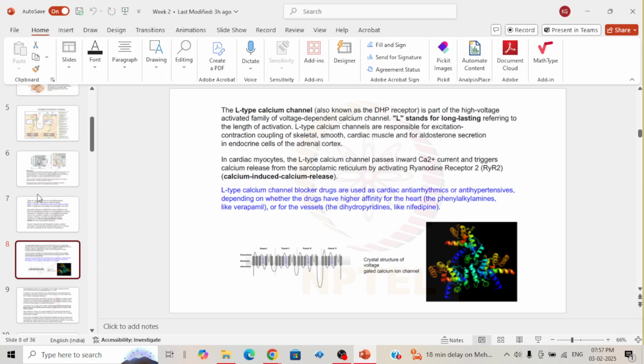That is why we need a calcium ion rush from outside of the cell to inside of the cell so that the contraction can happen properly. Here the sarcoplasmic reticulum is also not as well developed as compared to the skeletal muscle, so calcium ion from outside is a must condition for contraction in the cardiac muscle. This is an important thing, you must remember this.